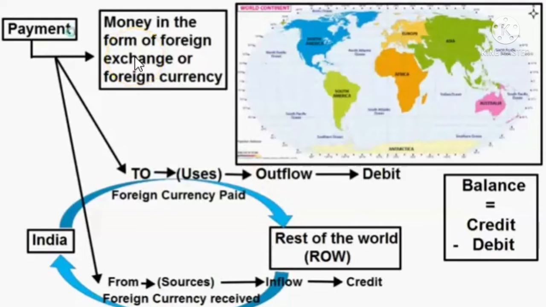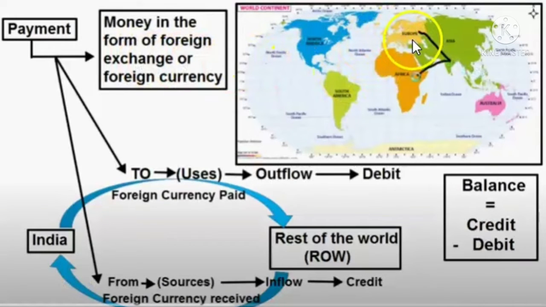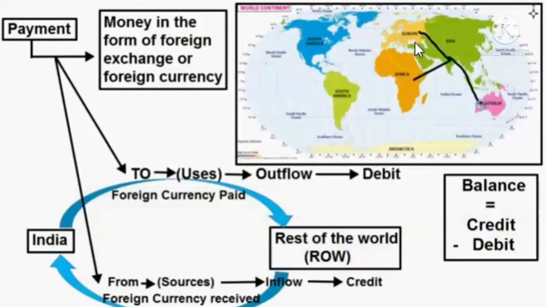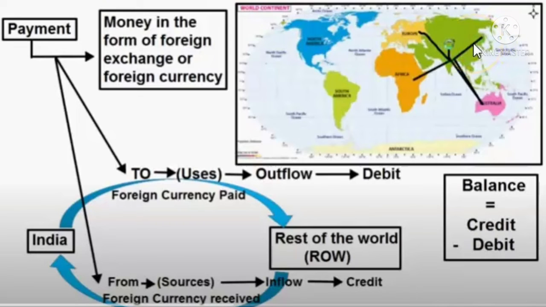As for balance of payment, we can say that payment is money in the form of foreign exchange or foreign currency. If we are exchanging goods from India with other nations like Russia, Africa, Australia, Italy, etc., we are getting foreign currency in return.